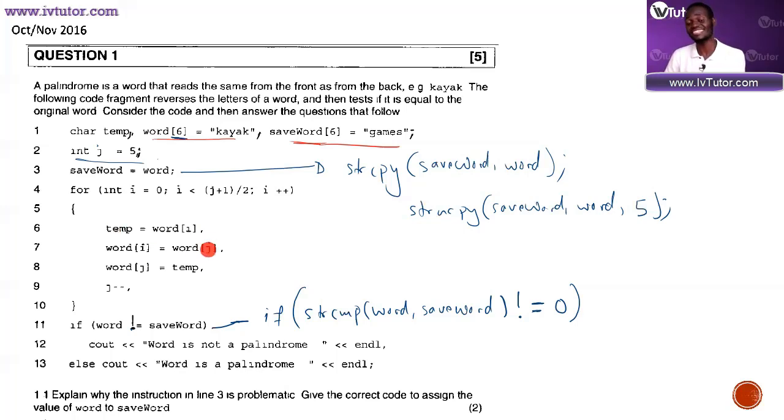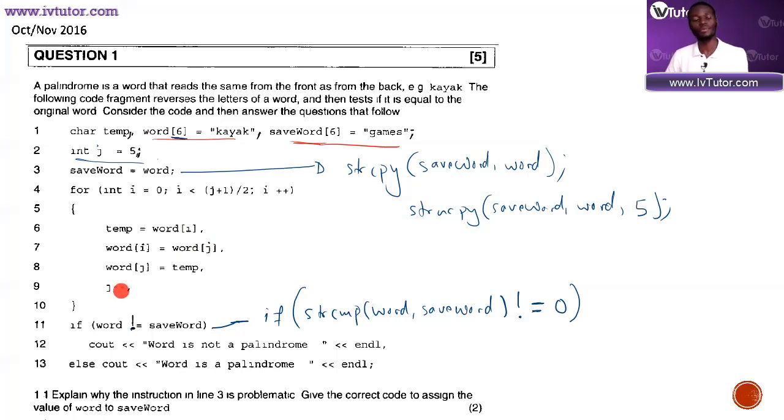Then we take the last character, right? And we put that into the first character, right? And then we take temp, which is the first character, and then we make it the last character. In other words, these three lines are simply swapping the first character with the last character, okay?